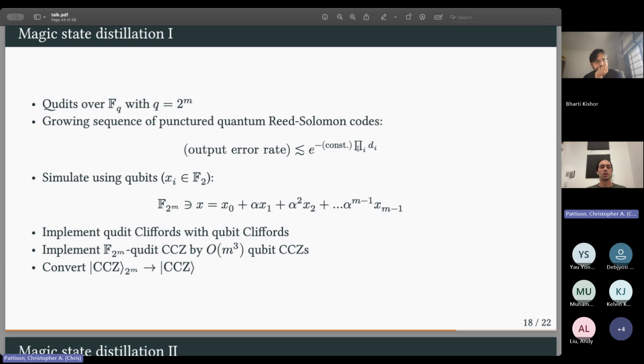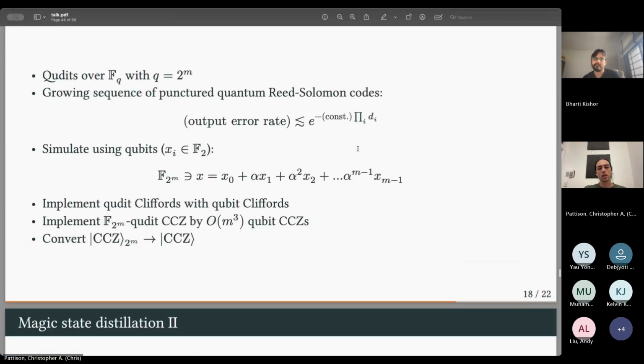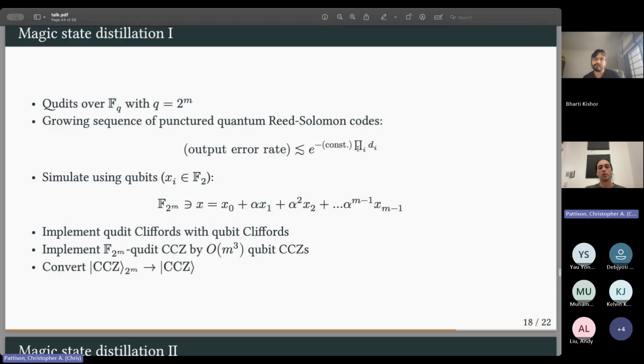And we can simulate all the necessary qudit operations that we need in order to do the distillation. At the end, we have this CCZ state for the qudit, and then we're going to convert it back into a binary CCZ state. And if we do that, we can get very good error suppression.